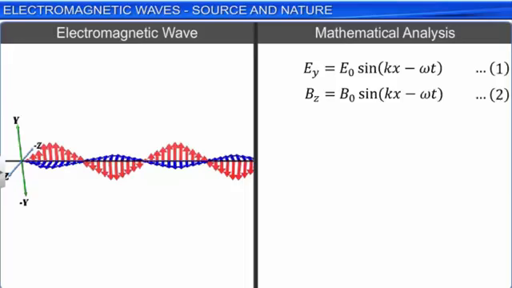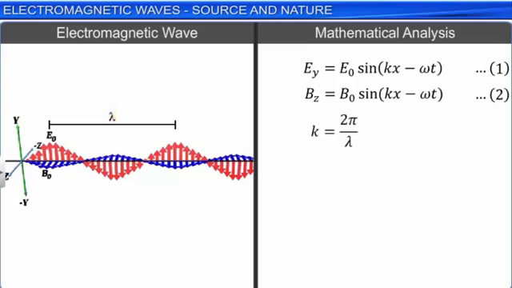Here, E naught is the maximum value or amplitude of the electric field. B naught is the maximum value or amplitude of the magnetic field. And k is the wave number related to the wavelength of the wave, lambda. That is, k is equal to 2 pi by lambda. Let this be equation 3.